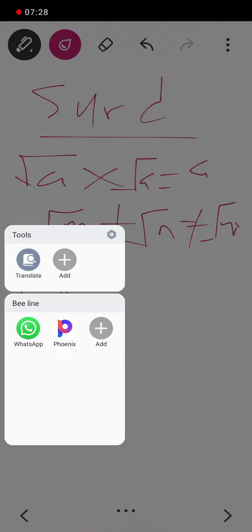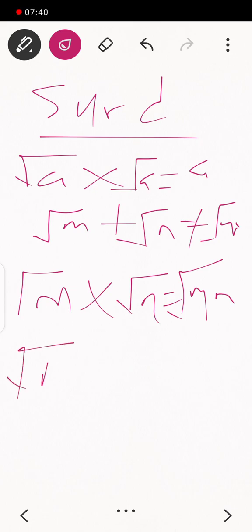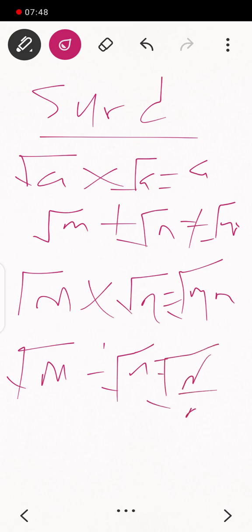But root m multiplied by root n is actually equal to what? Root mn. Can you see that? So root m divided by root n is going to be equal to root of m over n. Can you see that? Very simple.